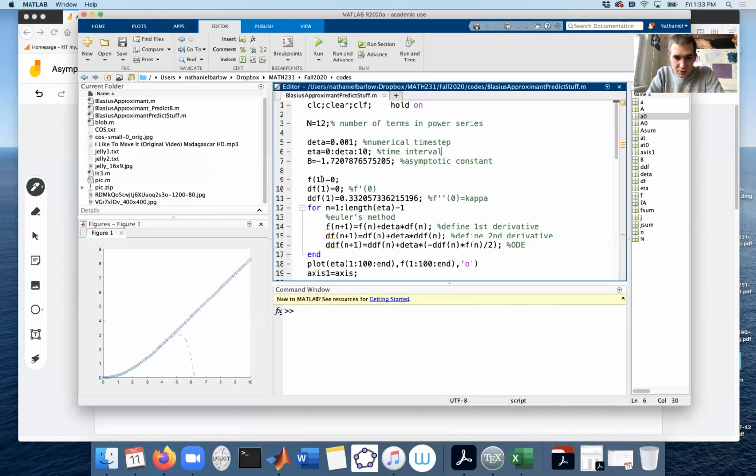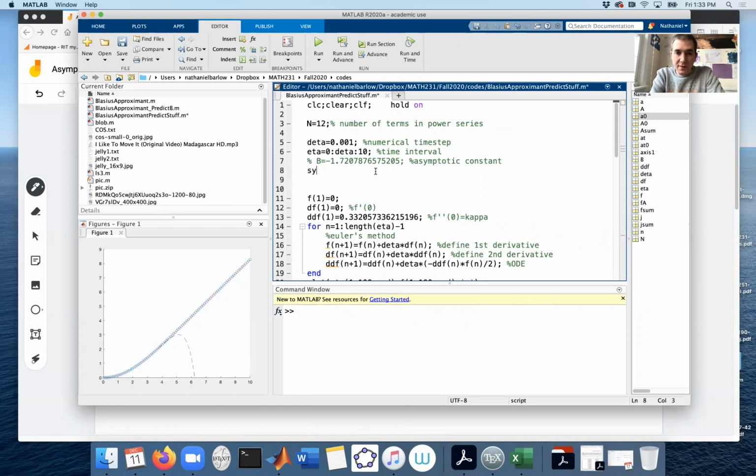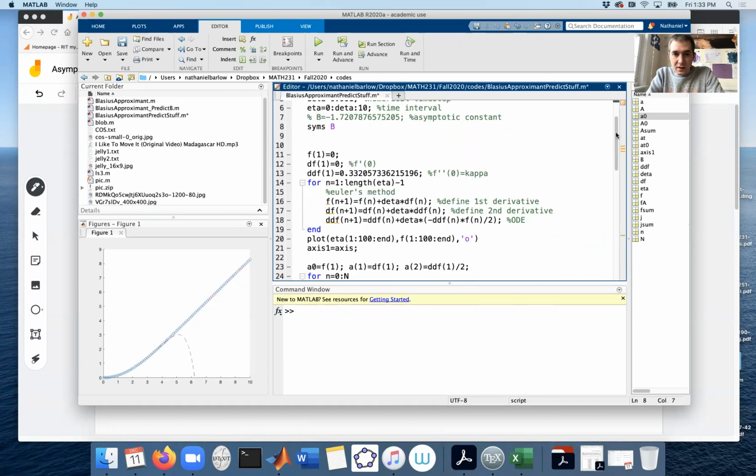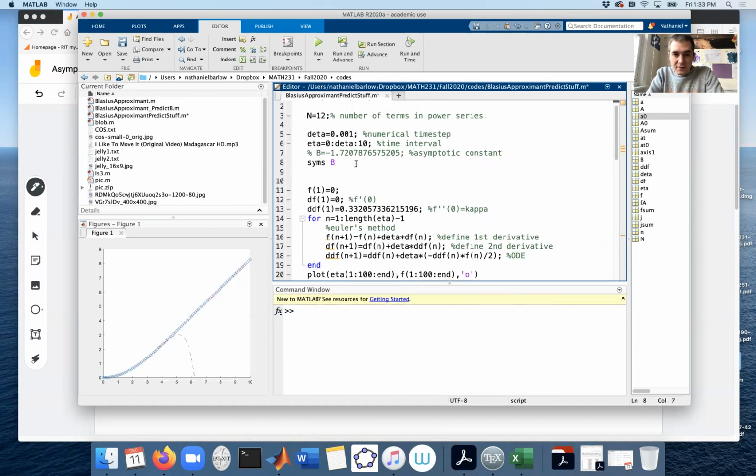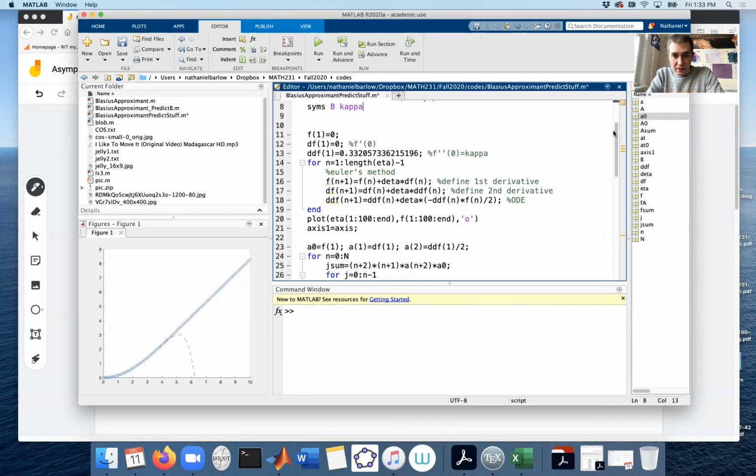Okay, so the first thing we're going to do is comment out this enforced value of b and instead make it symbolic. So syms b. And we also have kappa, syms b and kappa. Remember, this is the numerical solution, so I'm going to leave in a numerical value there for kappa.